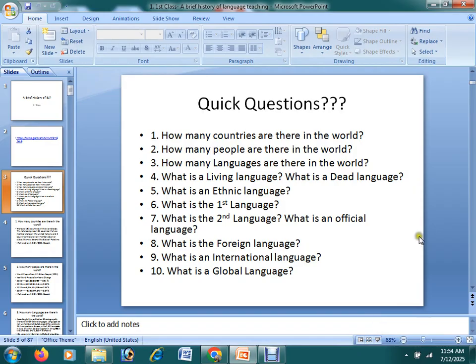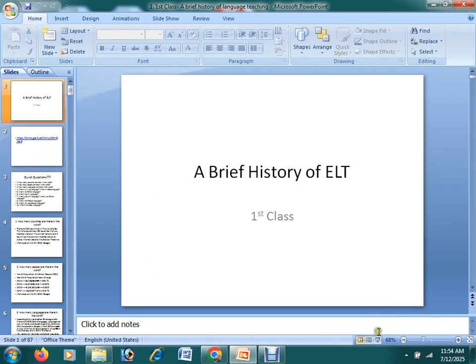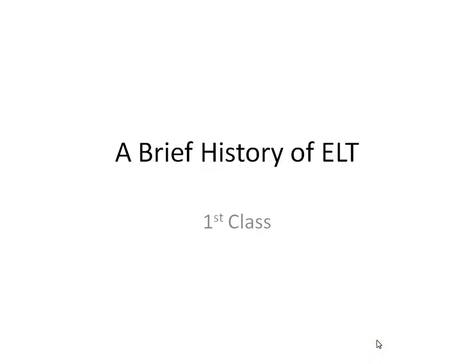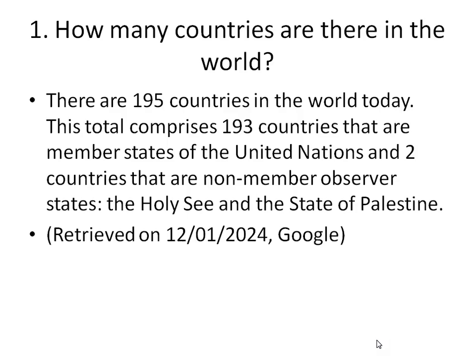A brief history of English language teaching. Okay, that is the historical implications. So, at present there are 195 countries in this world, and out of these 195 countries, 193 are UN members.